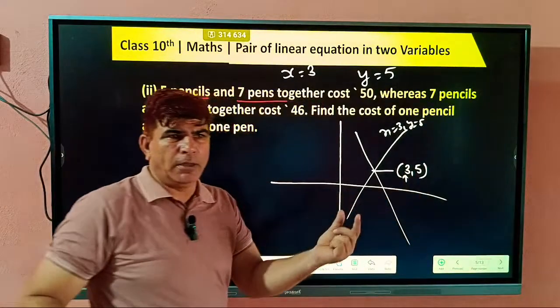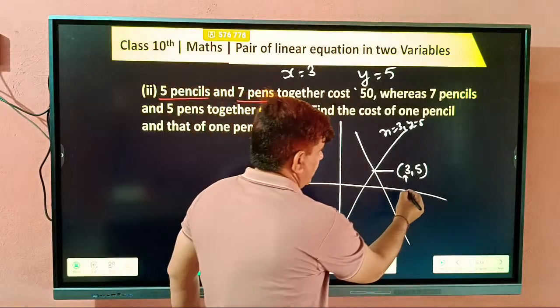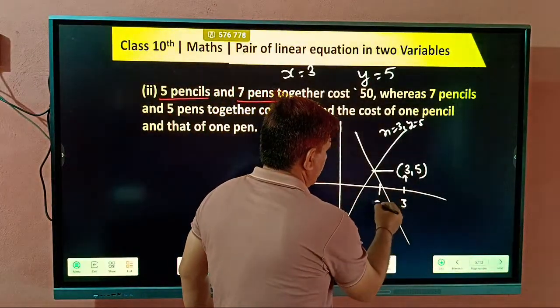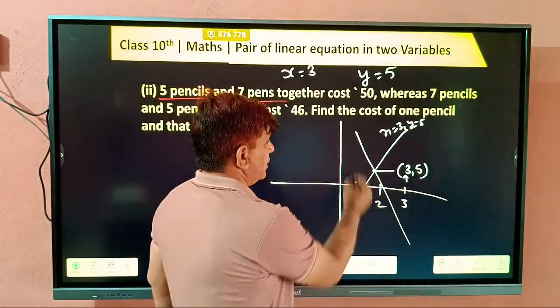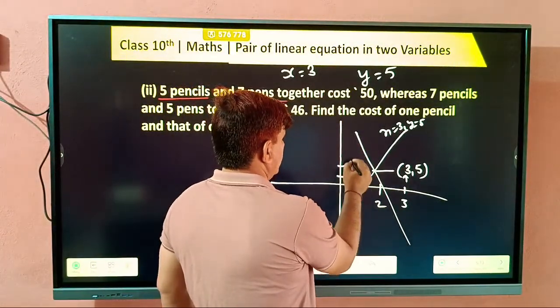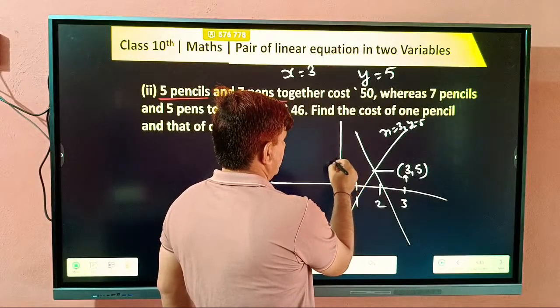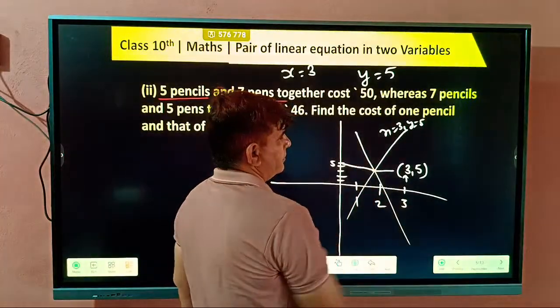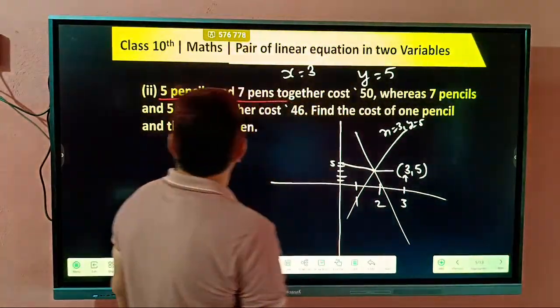X equal to 3 means its distance from the y-axis is 3 units. This is 3, coming here. Y equal to 5: 1, 2, 3, 4, and this 5, coming like this. Understood? So you can easily understand this.